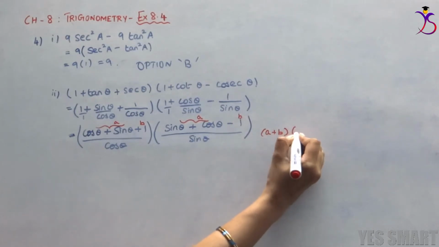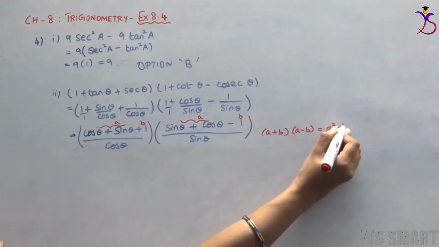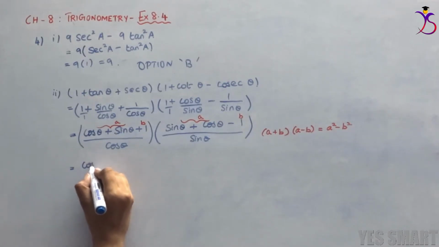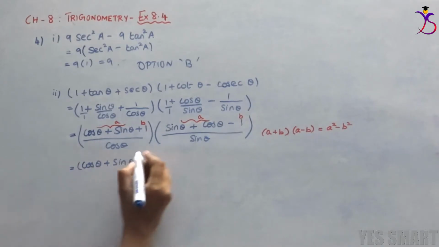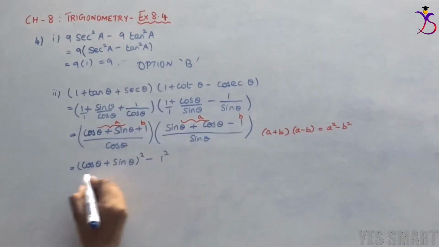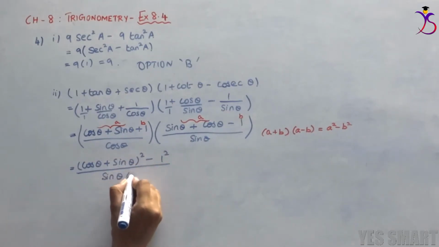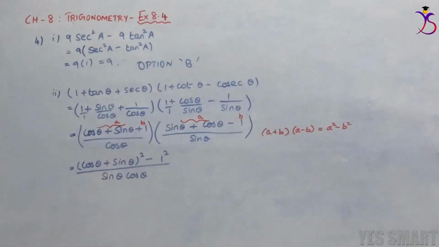So it is in the form of A plus B into A minus B, which is equal to A square minus B square. So I'm going to multiply the numerator using this identity. Therefore it becomes cos theta plus sin theta whole square, which is A square, minus 1 square, which is the B square, divided by cos theta into sin theta, which is sin theta cos theta, just a multiplication.